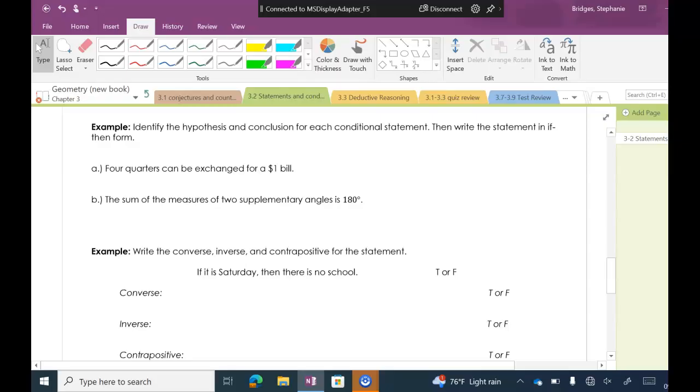So what does A say? It says 4 quarters can be exchanged for a dollar bill, right? So we need to be able to write that in if-then form. What's it talking about at the beginning? 4 quarters. So if I have 4 quarters, then what could you say?